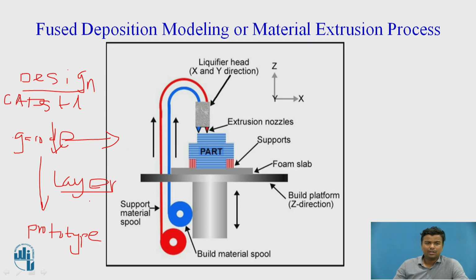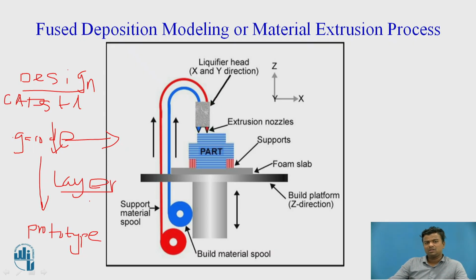In vat photopolymerization, there is use of a liquid resin and a UV laser. Whenever the UV laser touches the liquid resin in the tank, one solid layer develops, converting liquid into a solid layer, and that process is called photopolymerization. The applications are dental applications or biomedical applications.